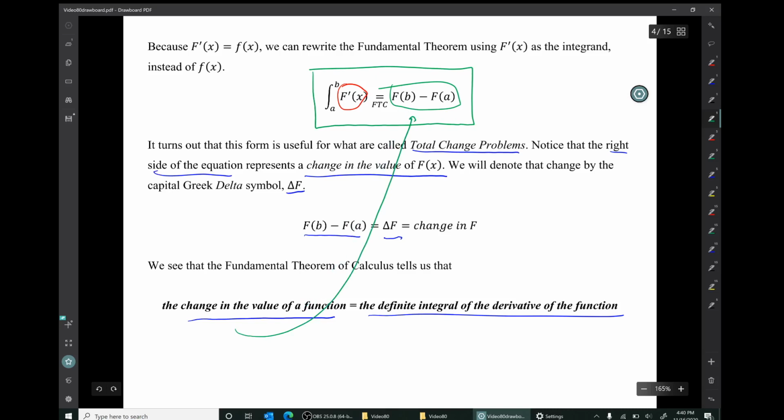The change in the value of the function is the thing that's on the right side of the fundamental theorem of calculus, and the definite integral, of course, is the thing on the left side.